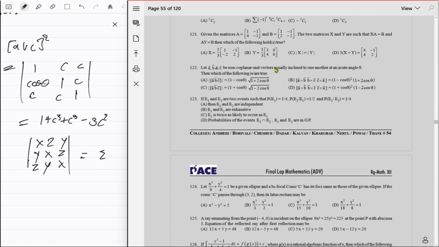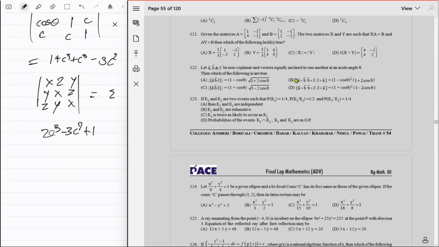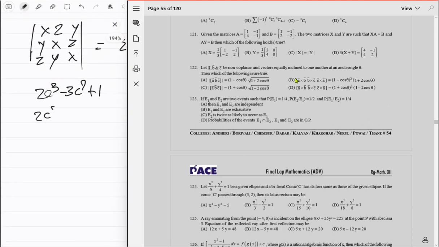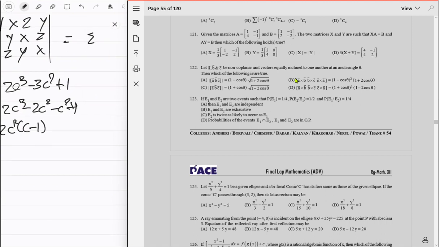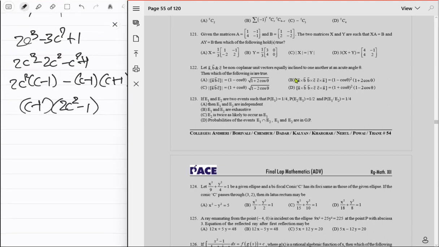Because okay, yeah, which is like 2c cube minus 3c squared plus 1. That's what this thing is, which we can factorize I guess. Which is 2c cube minus 2c squared minus c squared plus 1, taking 2c squared common, just c minus 1, minus of c minus 1 times c plus 1, just c minus 1 times 2c squared minus 1. Got it. Cosine 2 theta times cosine theta minus 1 basically.